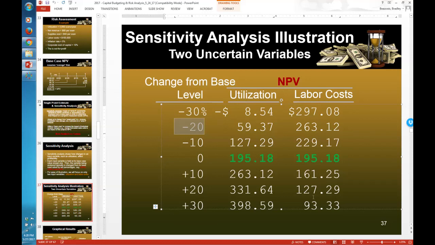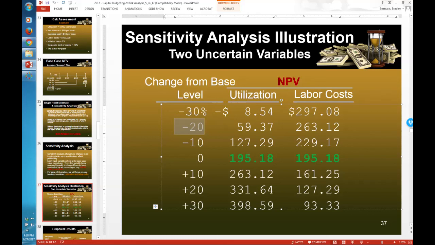Through basically just manual manipulation of my model, I can get an understanding of the range of net present values by varying some of my key input variables upwards and downwards 10, 20, 30%. So to do labor, of course, I return my utilization number back to baseline.